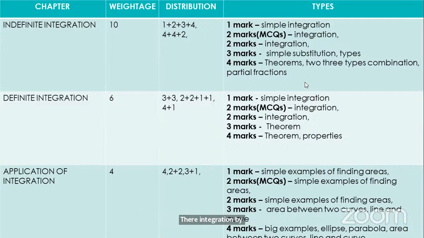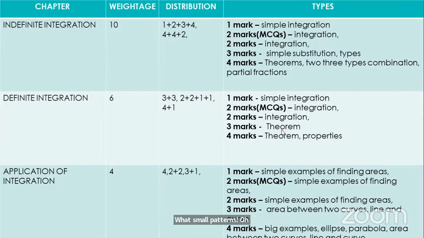Now here in definite integration, the first, second and third properties are very small properties. So they will be asked for 2 marks. The last ones, up to the 7th property, normally they won't ask, but still you practice all the properties. Again, those are considered as theorems only, but small theorems.